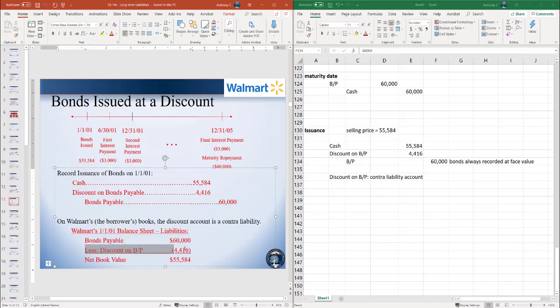From that amount, you would subtract the discount on bonds payable since it's a contra account, and that gets you to the book value of the bond. This idea of the discount dropping the book value of the bond is very important. We'll come back to this in a bit when we talk about amortization. But for now, we'll just get the journal entry for the issuance of the bond and understand what the discount represents.